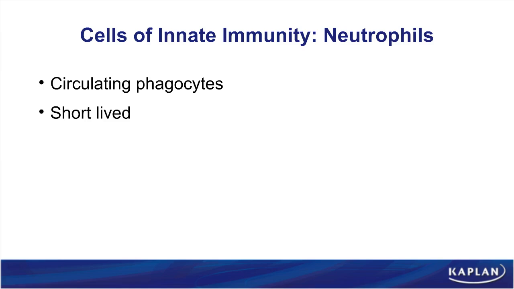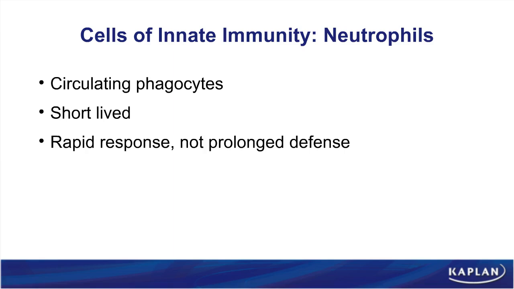These cells, though, are sort of short-lived. These guys are the soldiers that run in, they sort of clear up the infection, and they typically die in the process. So they deliver a rapid response, but not a prolonged defense, as we're going to see with some of the other cell types, such as macrophages. Neutrophils are so cool as far as what they can do to really sort of battle these pathogens, even when they're dying, and we'll talk about this in a little bit.